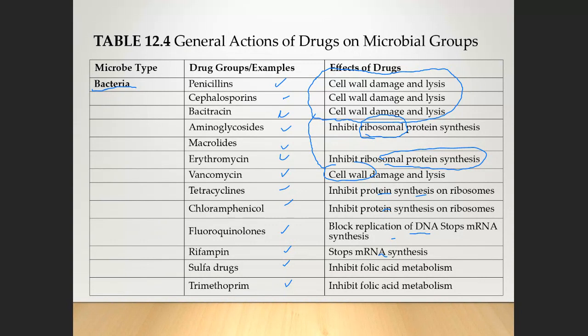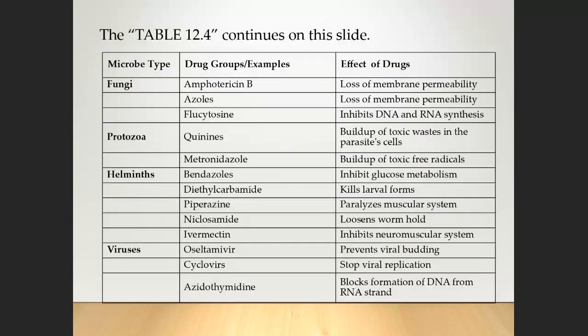So again, you will find more drugs used for bacterial infection compared to infections caused by fungi, protozoa, or worms. Okay, over here, including viruses. Why? Because these fungi, protozoa, and worms or helminths, their cells are very similar to the human cell.